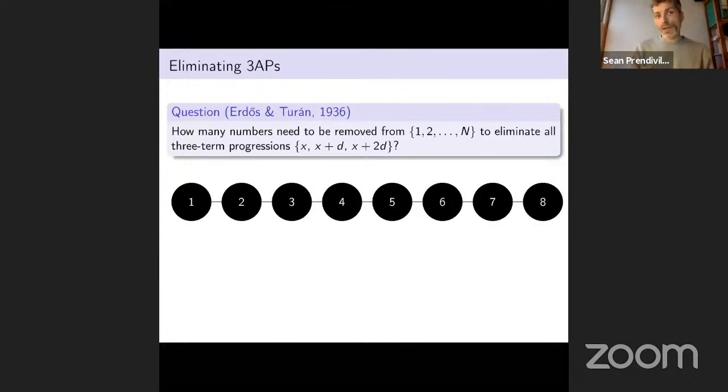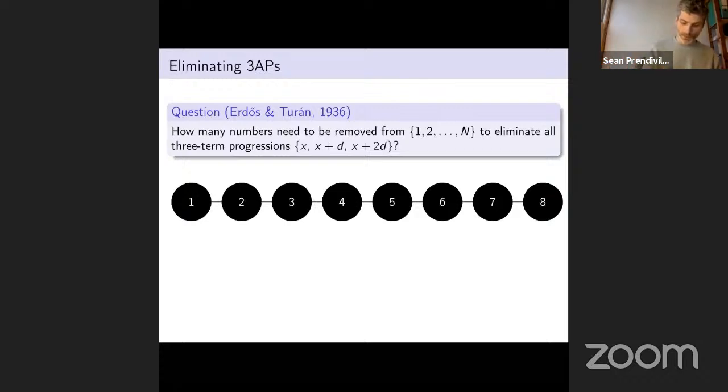Perhaps you can explain why van der Waerden's theorem is true in a different manner, and this provoked the question of Erdős and Turán: how many numbers do you need to remove from an interval 1 up to capital N in order to remove all three-term progressions?